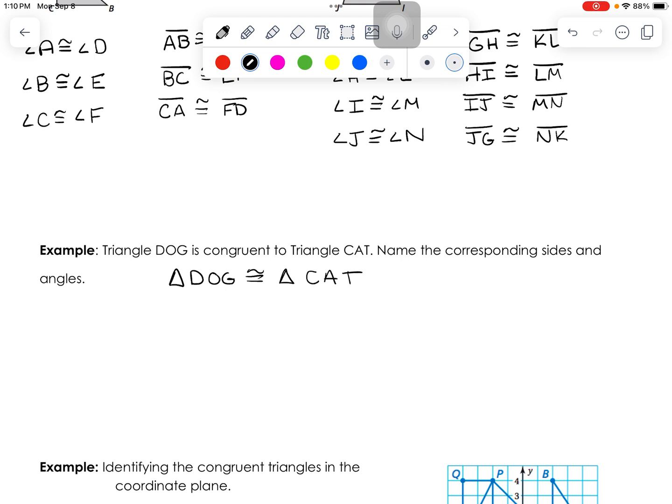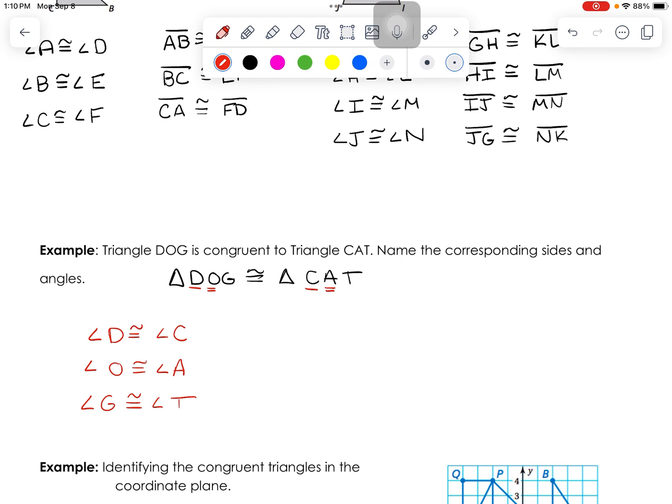So when I'm comparing my pieces here, the first letter is going to match with the first letter of the second one. So angle D is going to be congruent to angle C. The second one will match with the second one. So angle O is congruent to angle A. And then the third one, angle G, is congruent to angle T.